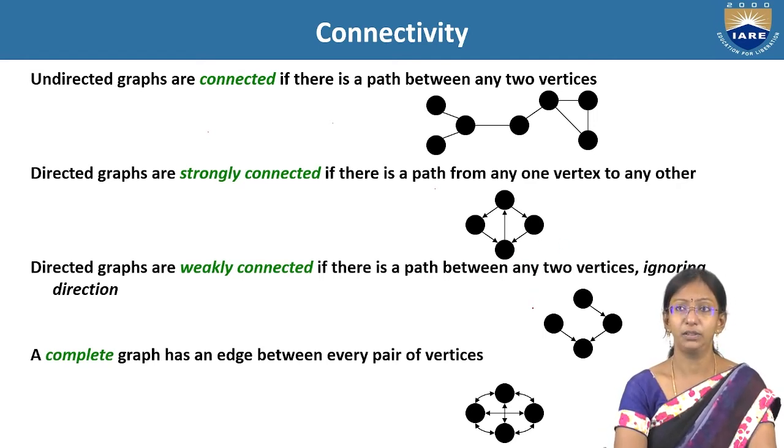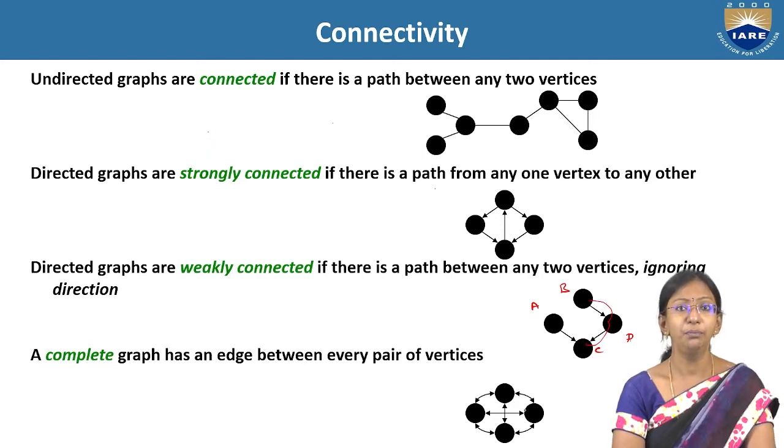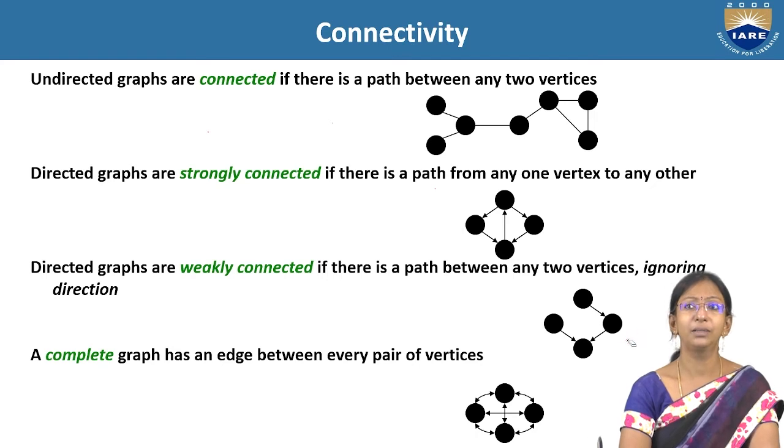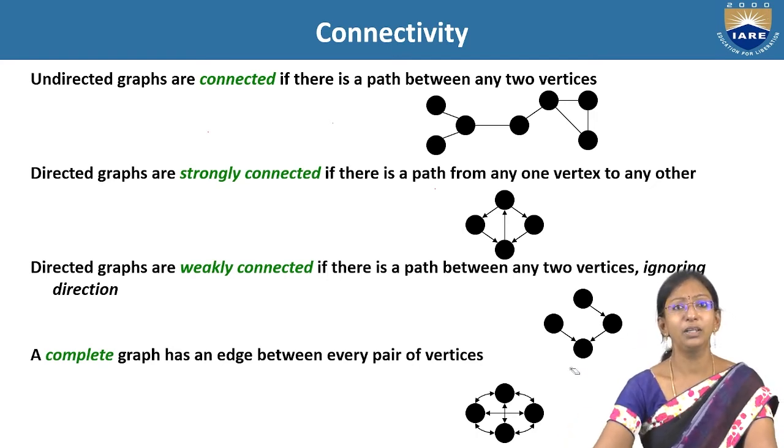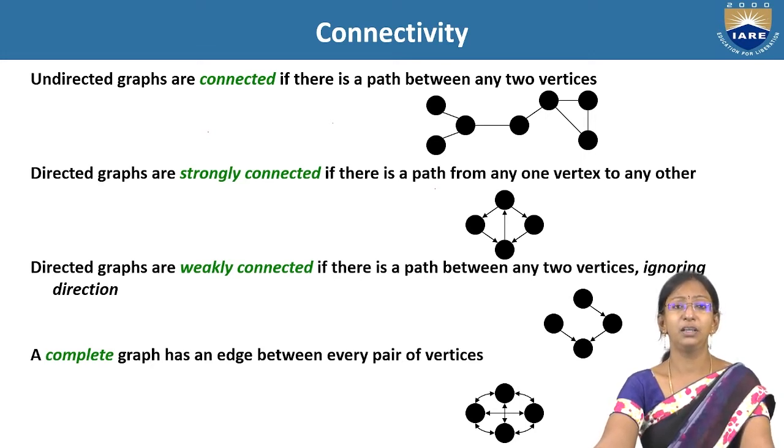If I name the vertices A, B, C, and D, there is a path from A to C, but you cannot reach D or B. Coming to B, from B you can reach D as well as C, but not A. Nodes are connected, there is no isolated node, but they are not completely connected. A node cannot reach all the remaining nodes. Such connectivity in directed graphs is known as weakly connected.